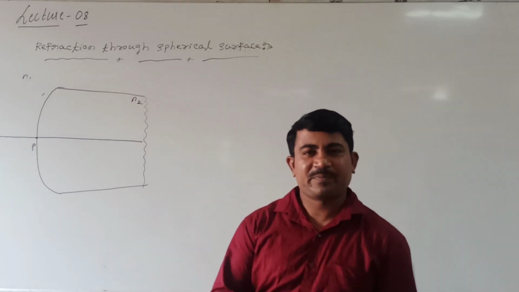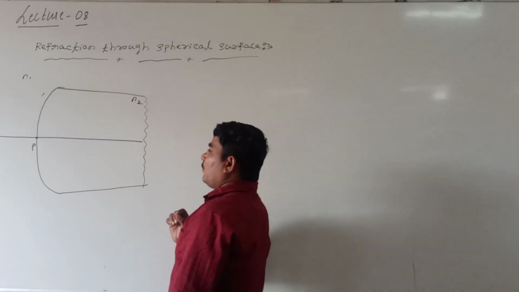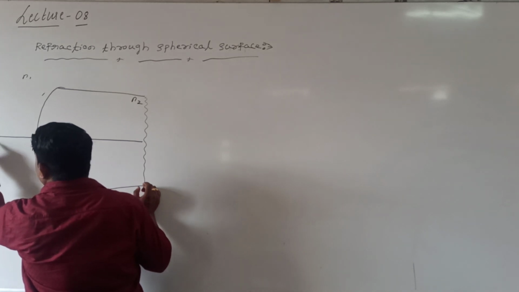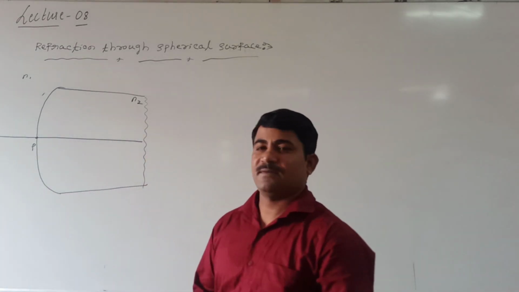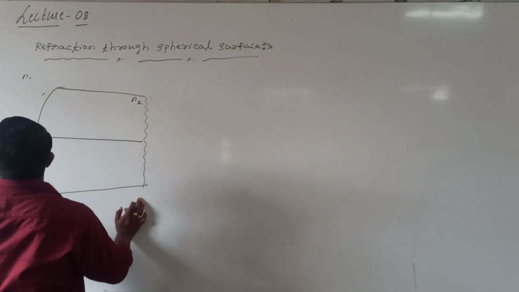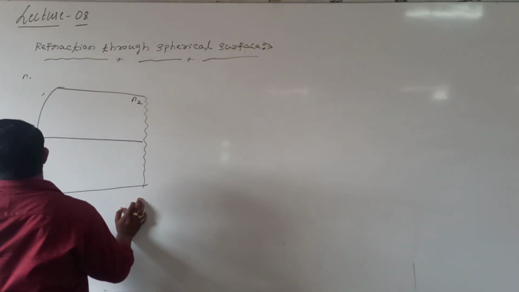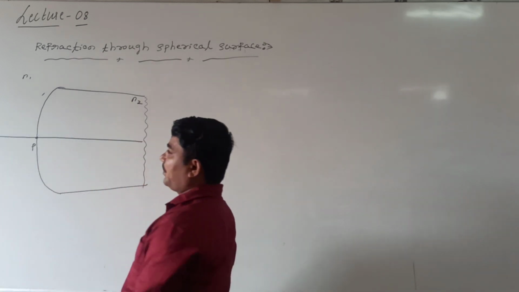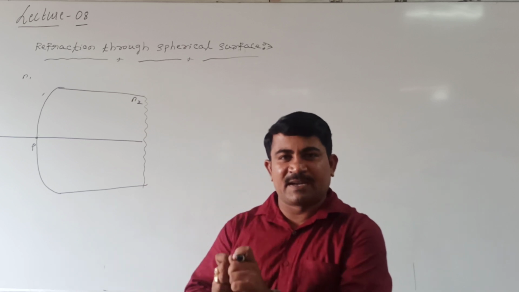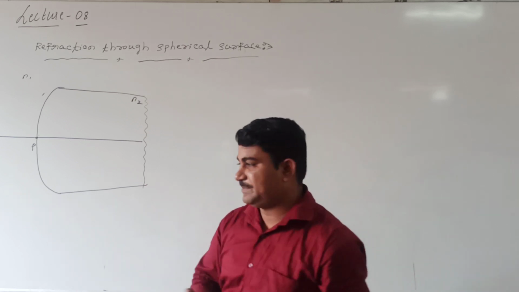Are you following me? Now consider the object situated on the principal axis. For my convenience I will take it here. Let us consider the object is situated here. Now, the ray of light is incident on the spherical refracting surface and gets refracted.